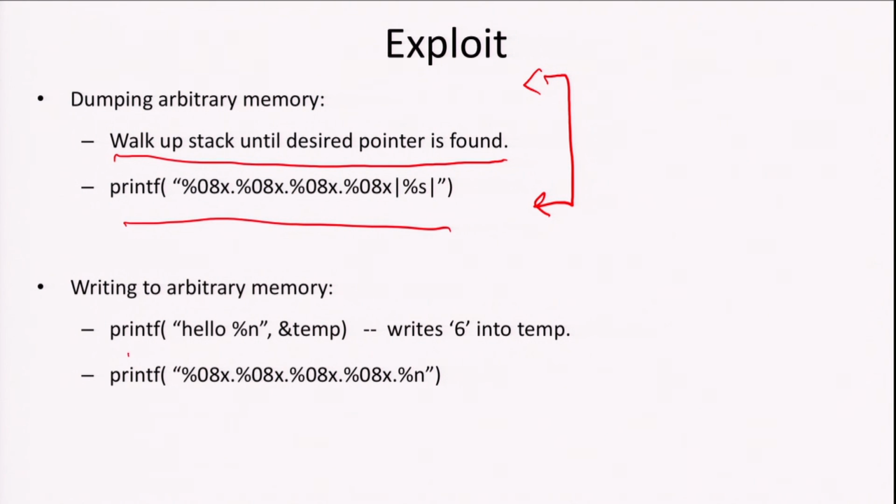For example, in this one, your temp is a memory location onto which 6 will be written, and therefore you can write. This percentage n will be the number of characters written, and this would be your addresses.